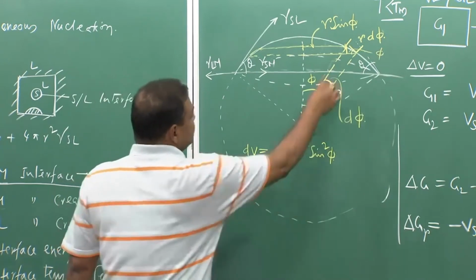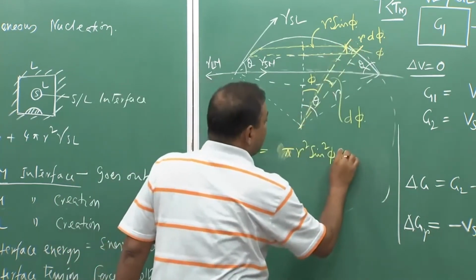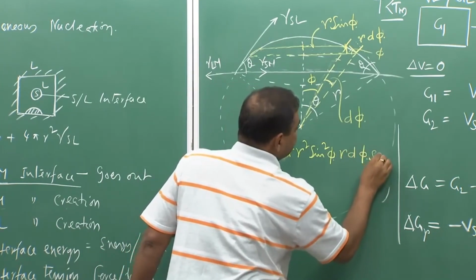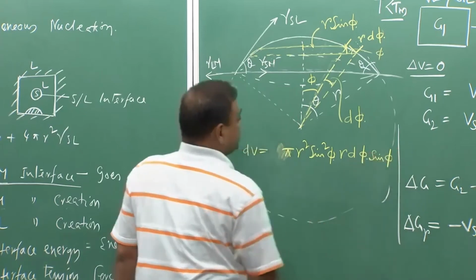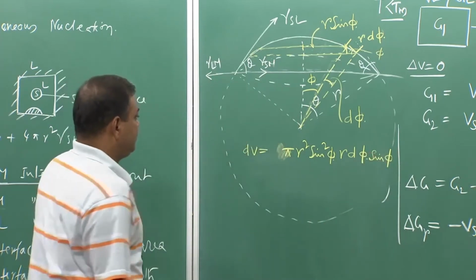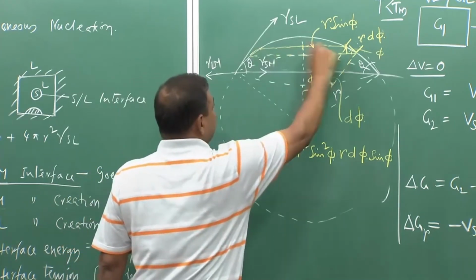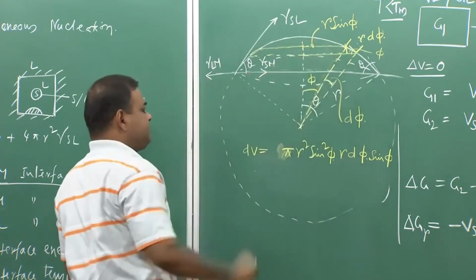So then this length would be r d phi sin phi again. This is the volume of this small disc.